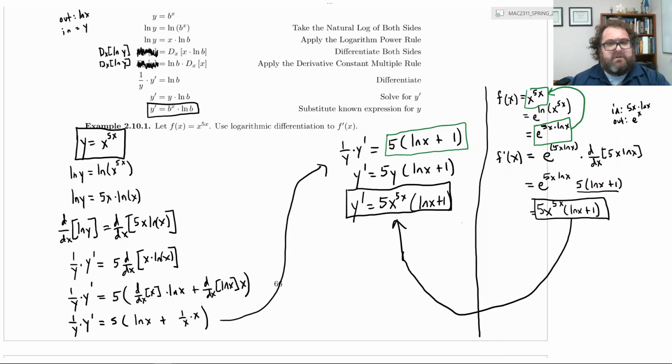So be sure to do so. If a problem says solve using logarithmic differentiation, be sure to use logarithmic differentiation. Here, there are at least two different ways to work this. But remember, if you're requested to use a certain method, then be certain to use that method. So two ways to solve that, but my preferred way is the logarithmic differentiation way.